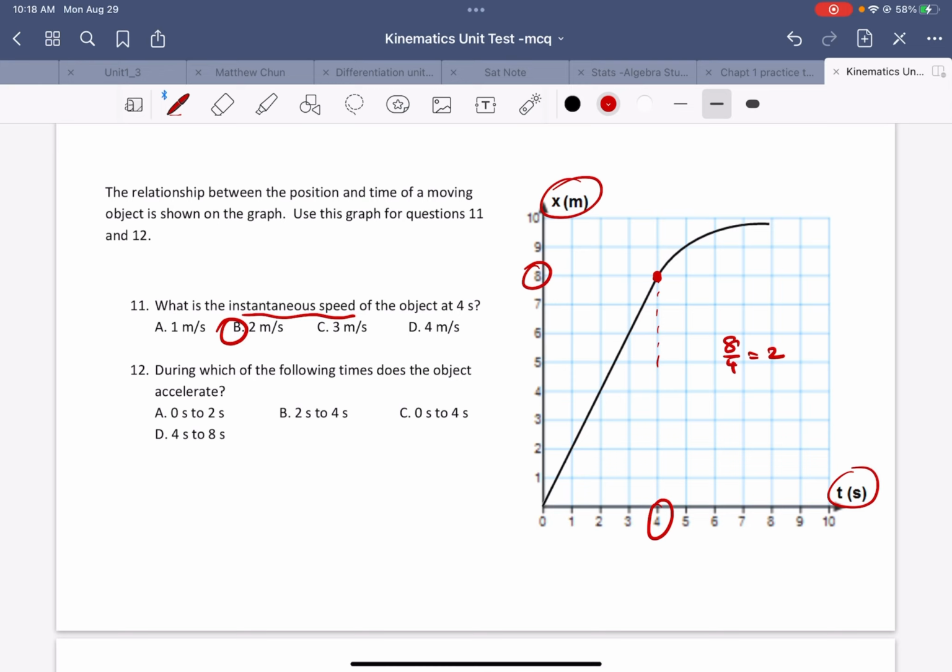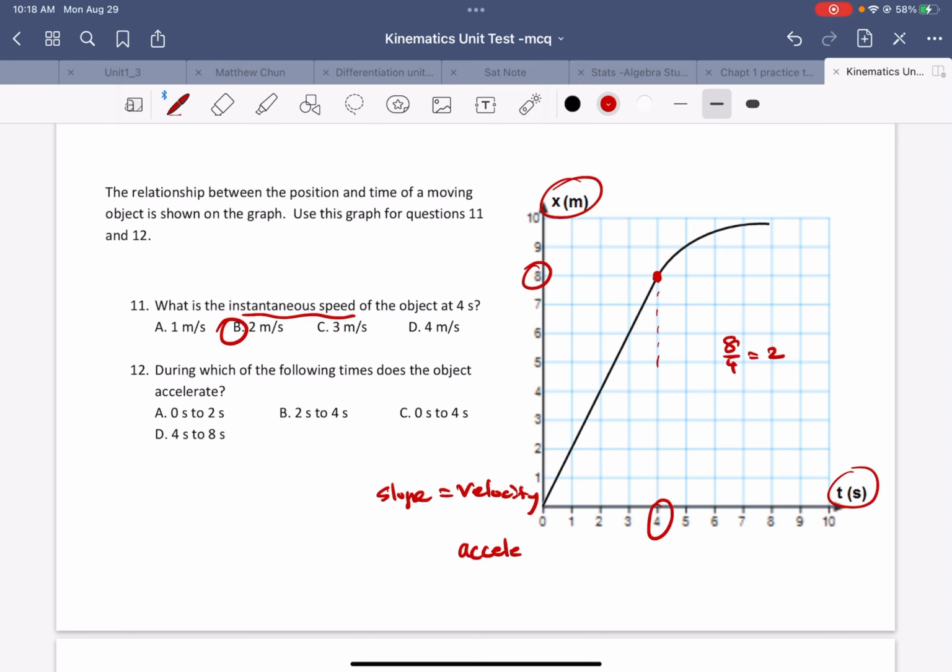Now number 12. During which of the following times does the object accelerate? So accelerate means basically, if it is position versus time, the slope is velocity.